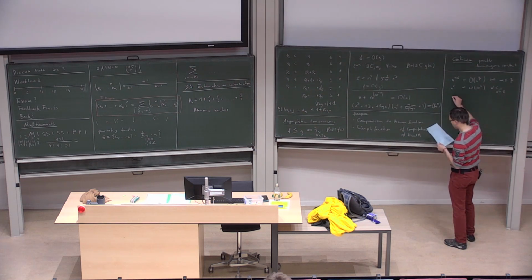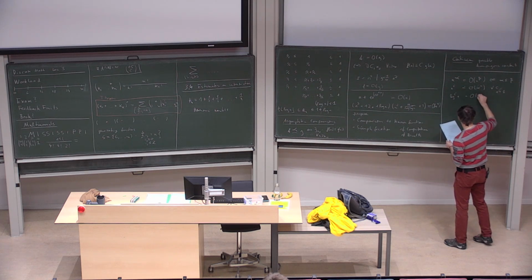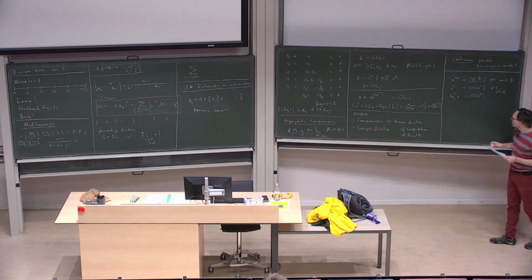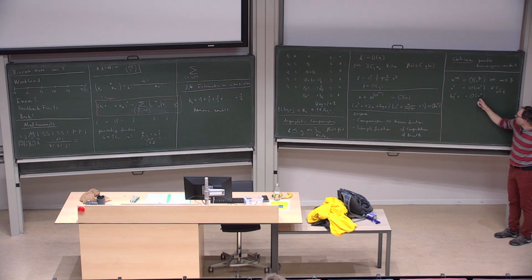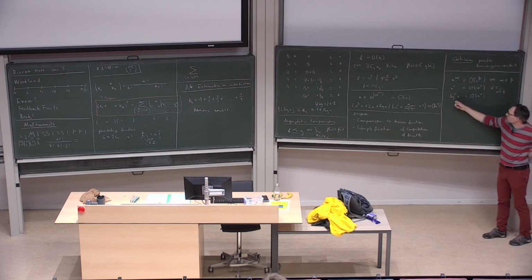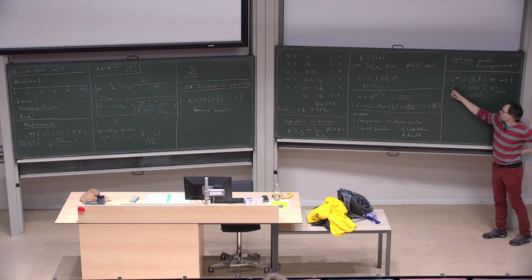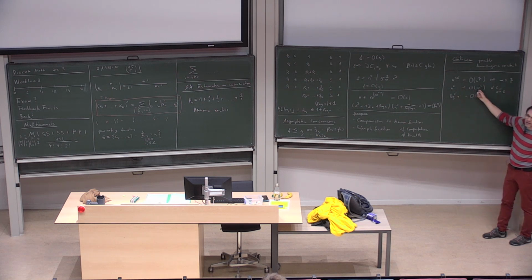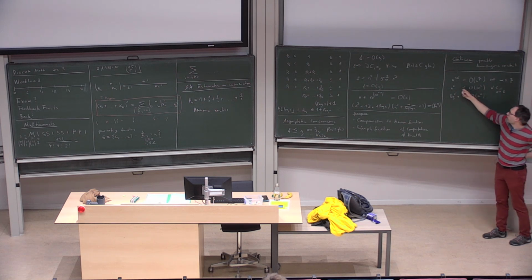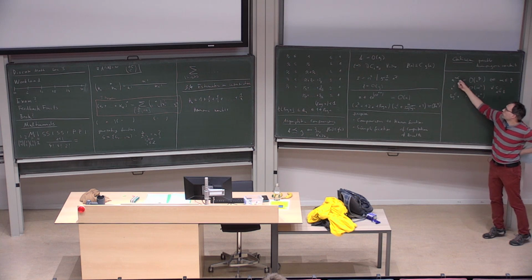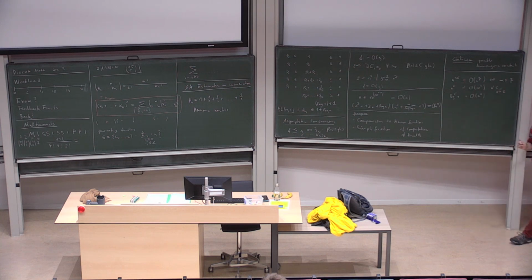And log to the c of n equals O of n to the a. So basically this says polynomials grow faster than logarithms. Polynomials grow slower than exponential functions. And for polynomials, if you know the exponent, you know how fast they grow. And that's usually good enough to do all types of estimates.